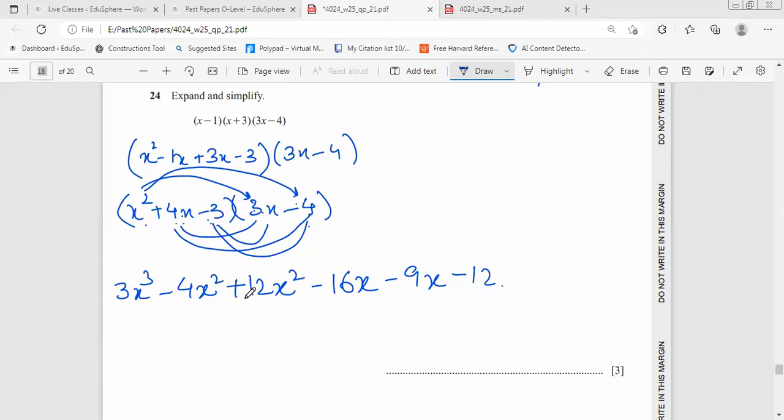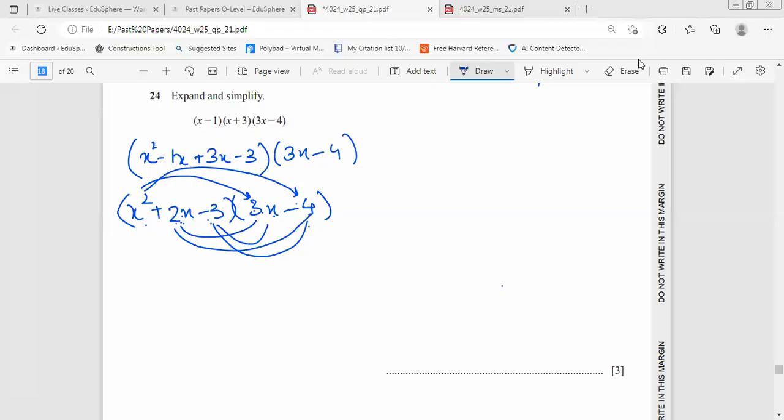Now after this, when I'm going to check, it's 6x squared. So 4x squared and 12x squared. 3x minus 4. And here. Okay, students, you can see I mistakenly wrote 4x here, so I rubbed it out. 3x minus 1x is 2x.